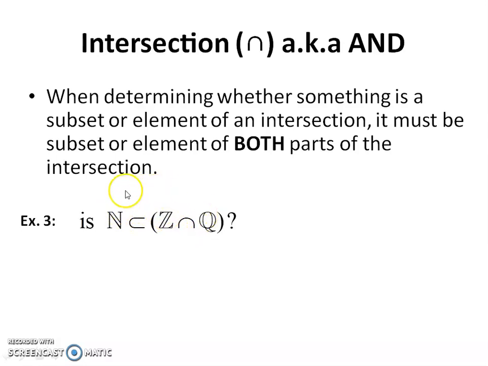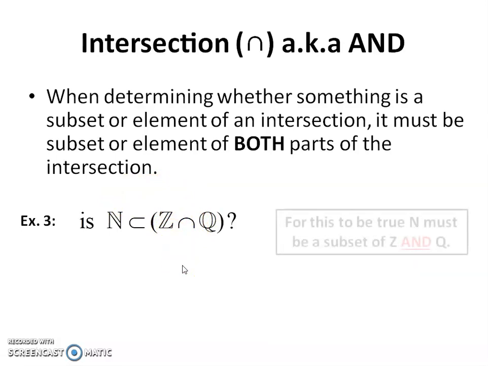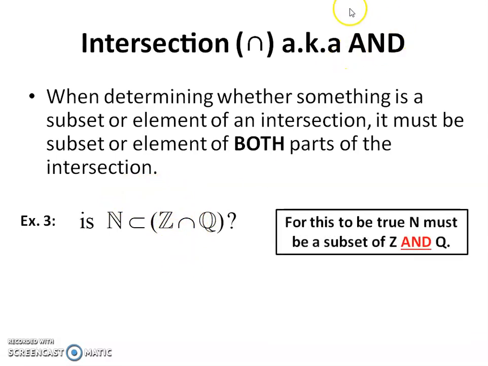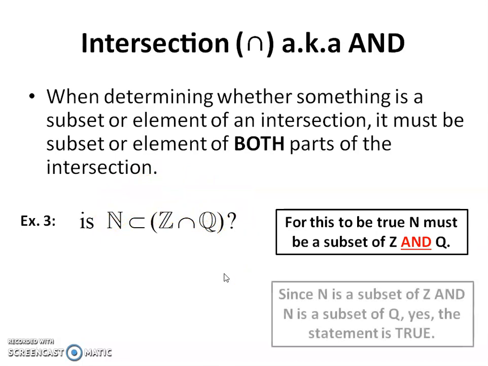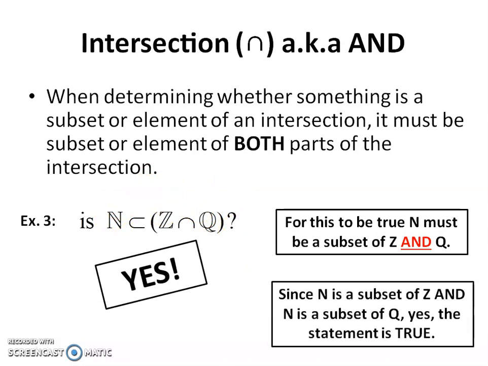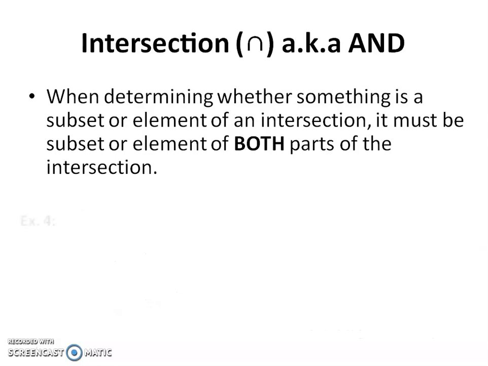Is N a subset of Q? And when you're dealing with intersection, both have to be true. That's what the AND is for. N has to be a subset of Z, and N has to be a subset of Q. So if you check them one at a time, N is a subset of both, and because there are two yeses, the overall answer is yes.